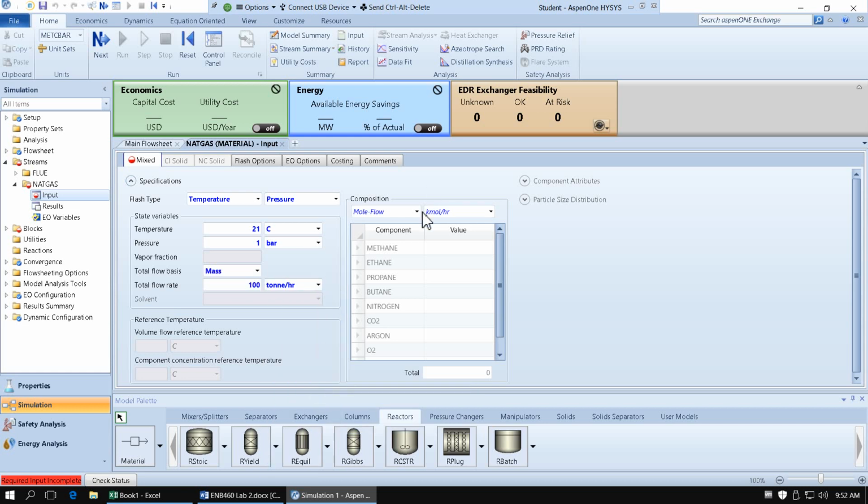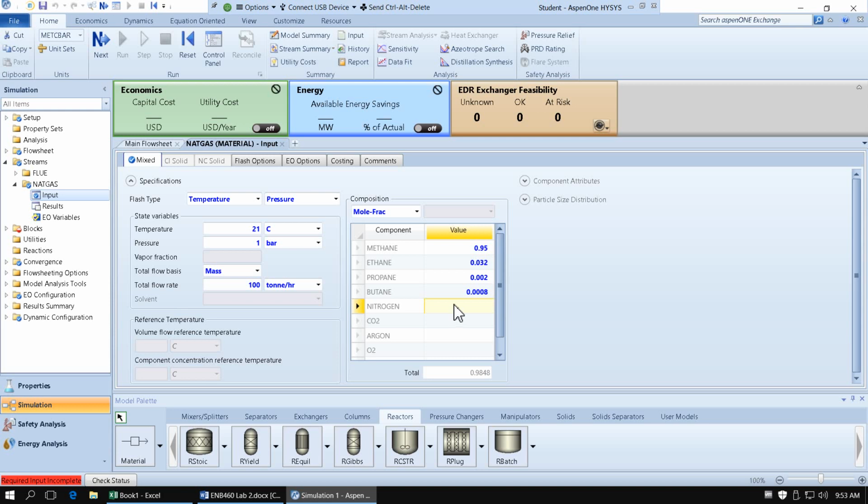Then we have our mole fraction. Just refer to the instruction sheet. So methane is 95%, 0.95. Ethane is 3.2%, 0.032. Propane, 0.002. Butane, 0.0008.